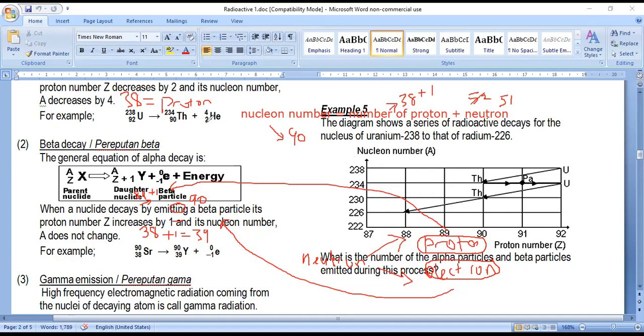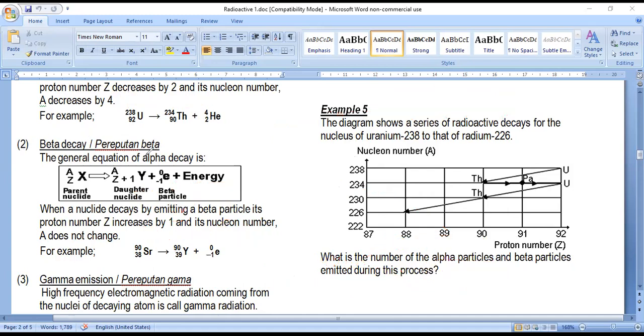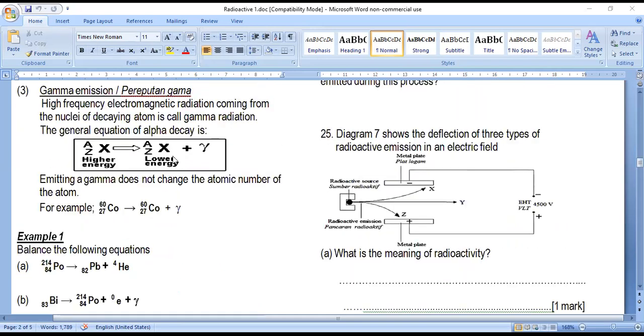So basically, for beta decay, the proton number increases by 1, and the neutron number doesn't change. Now, gamma has no proton number and no neutron number. So when the element decays by emitting gamma, it will be the same element, because it has the same proton number and the same neutron number.